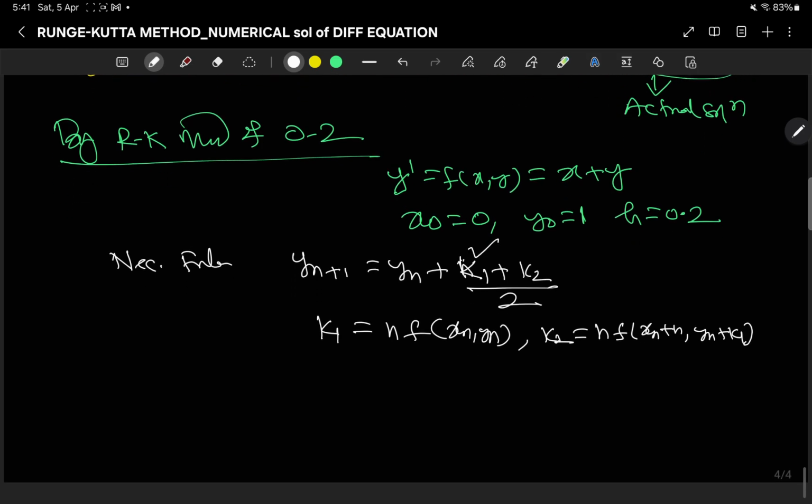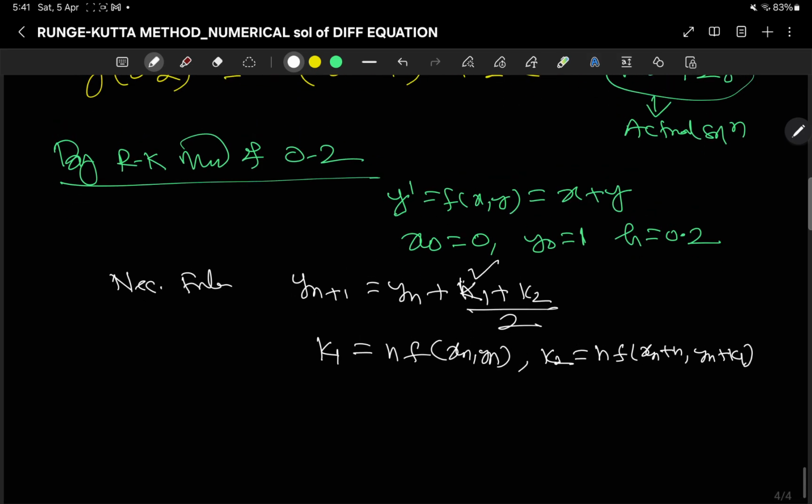Now if you simplify it, we have to carry out only one step, because here h is 0.2 and we have to find y of 0.2. So n is equal to 0 only; we need to find y1 only.